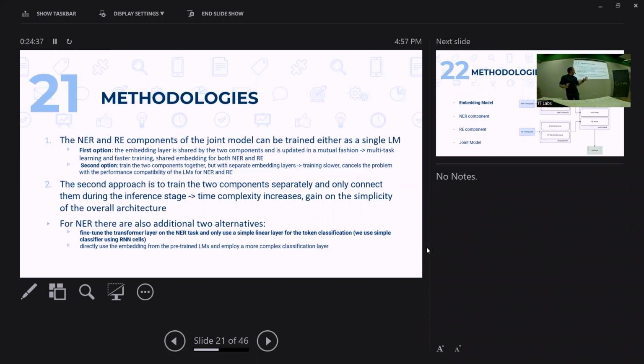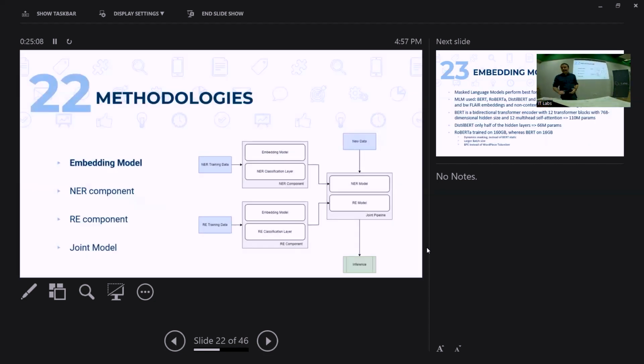It's like, in order to make the house stable, we are changing the basics of the house. But here we don't do this in the second approach; we are making something above more complex. We use the first kind of approach for the NER task: we fine-tune the transformer layer on the NER task and use a simple linear layer above in order to classify the entities.